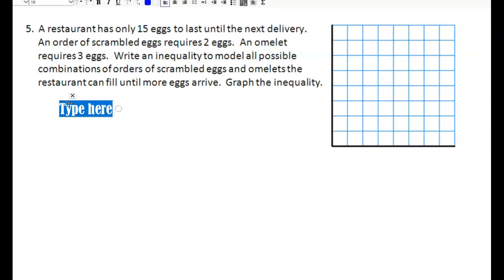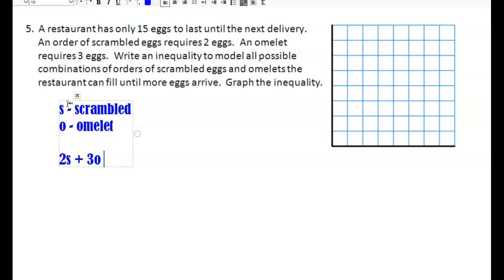So we're going to say that S represents scrambled and O represents omelet. And then we're going to write an inequality to model all the possible combinations of orders of scrambled eggs and omelets. So I need 2 eggs for scrambled and 3 eggs for an omelet.